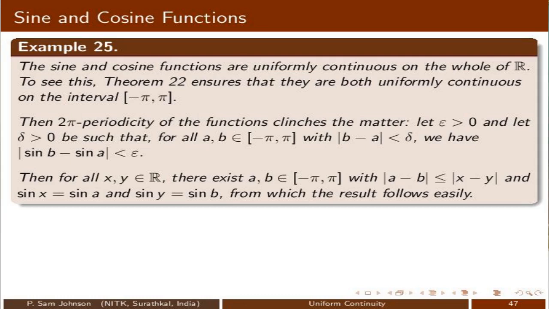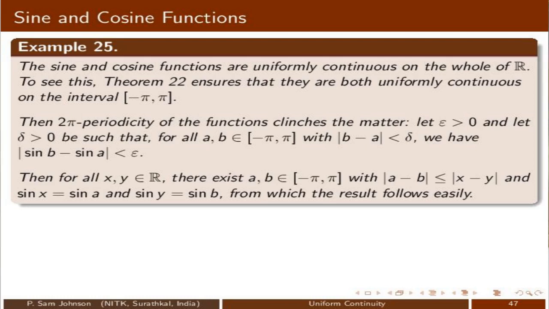These two functions are uniformly continuous on -pi to pi, and by the 2 pi periodicity we need to show it for any x and y in R. So if I start with any epsilon greater than 0, we choose delta such that this happens, because we know it is uniformly continuous on -pi to pi.